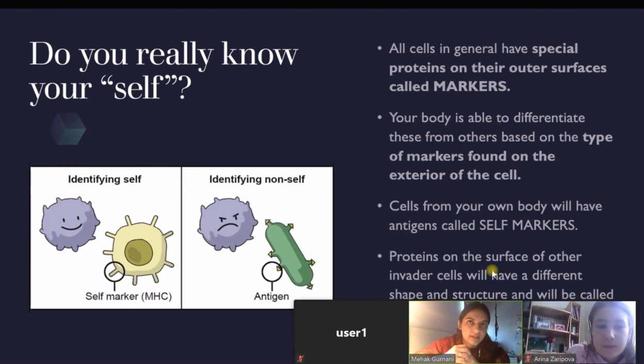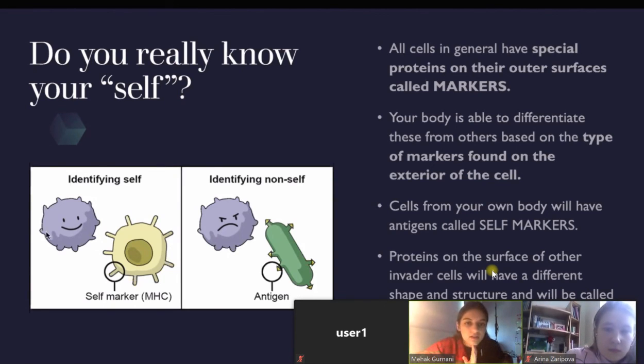If two cells have the same type of MHC protein, they're from the same body, and those are called self antigens because they belong to me. Even between two people, they'll have different antigens.